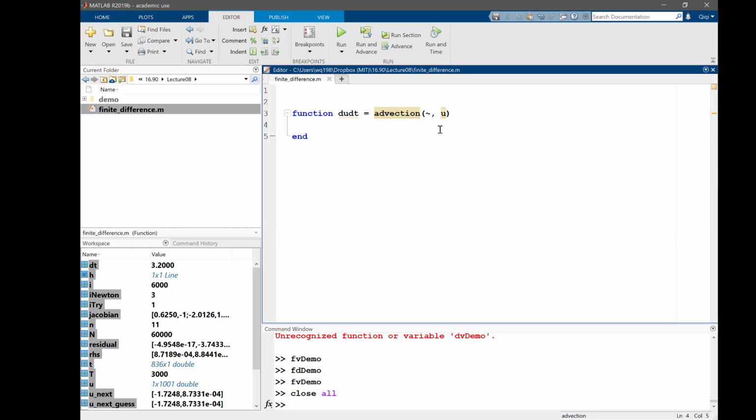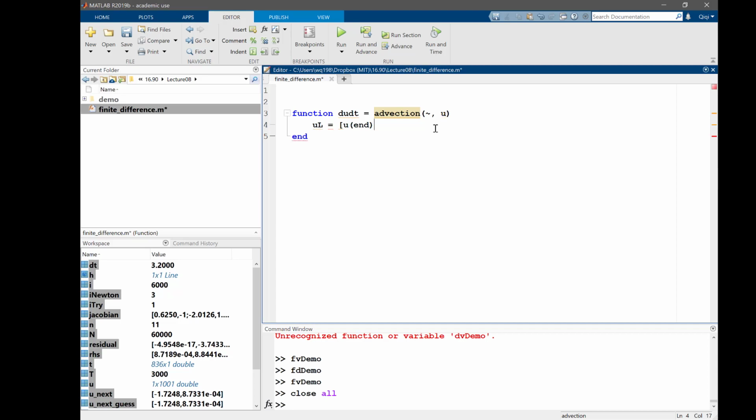So if u is a vector, what is u on the left-hand side? Let's say ul is equal to, well, on the first grid point, my ul is what? My ul is u at end, right? Because of periodic boundary conditions, right?